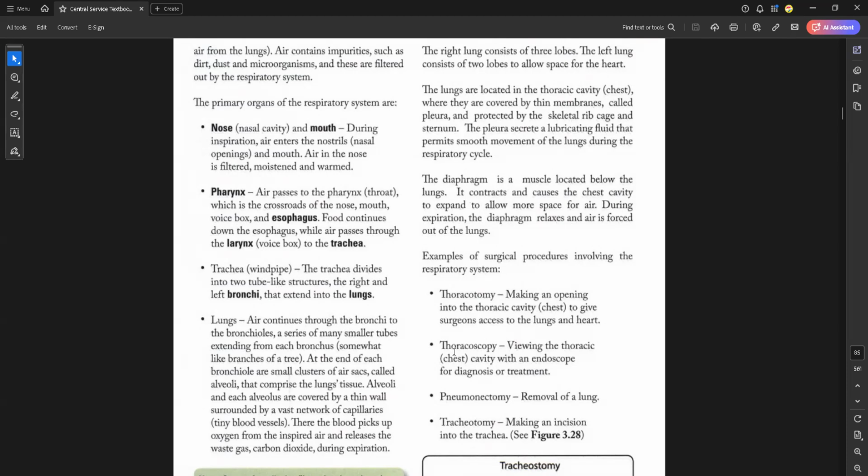Now the lungs are the key. After the nose, I'll talk about the lungs, because it's the lungs that expand and contract, and we have air going in. Now, let me go straight to talk about samples of surgical procedures involving the respiratory system.